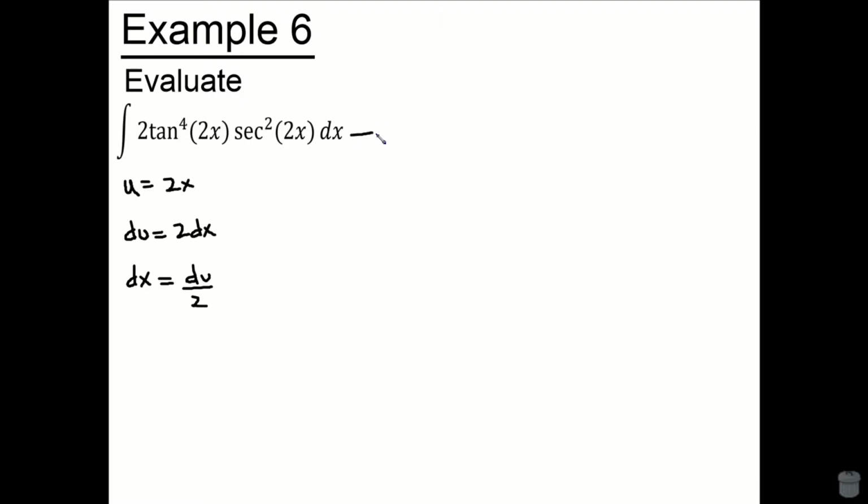Alright, so from here I have the integral of 2 times the tangent to the fourth power of u times the secant squared of 2x, no longer 2x, this should be u, du over 2.